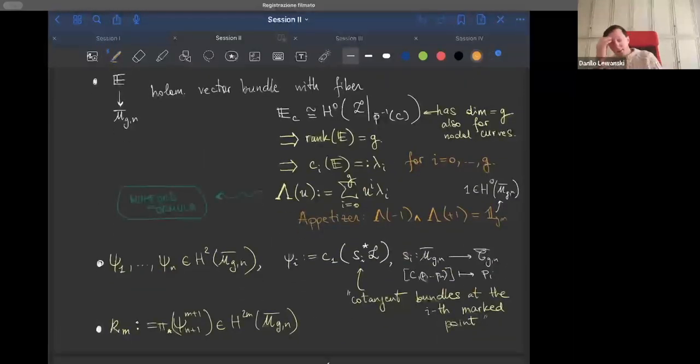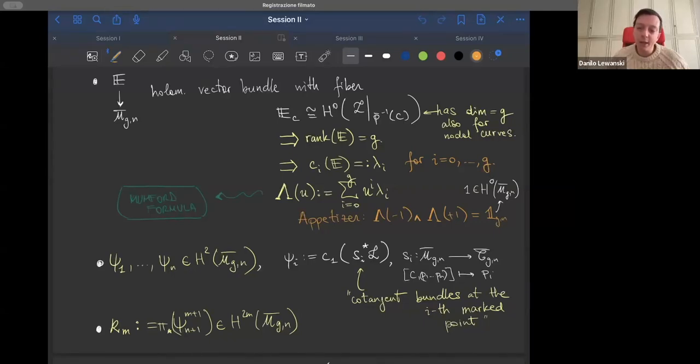So another one of our protagonists is given by the holomorphic vector bundle of these holomorphic differentials. That is usually referred to as E, and is called the Hodge bundle. So what is this? If you restrict to the fiber at the curve C, E_C would just be isomorphic to the H0 of L restricted to the fiber.